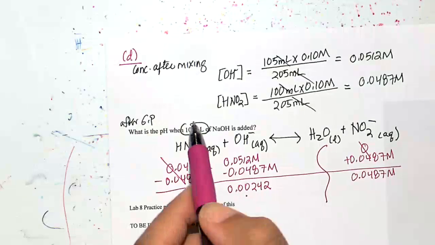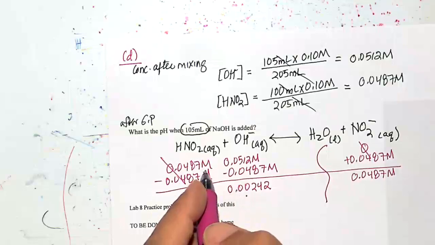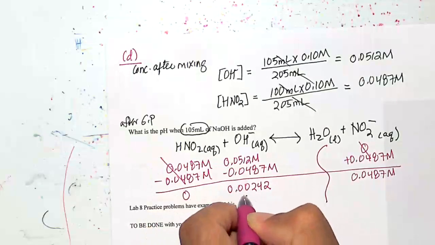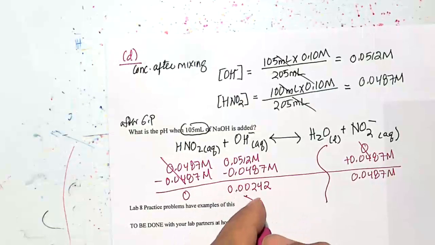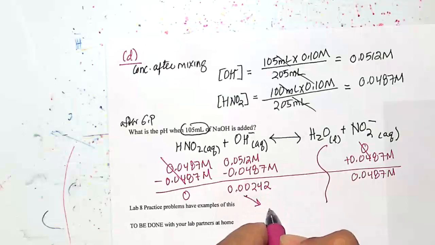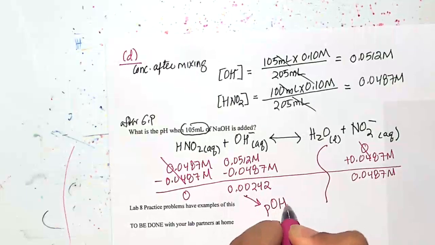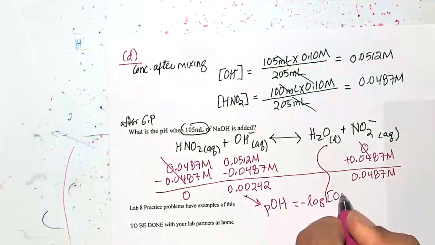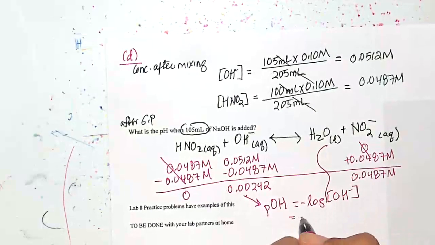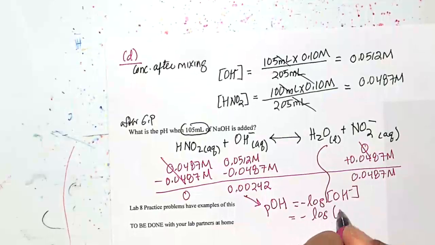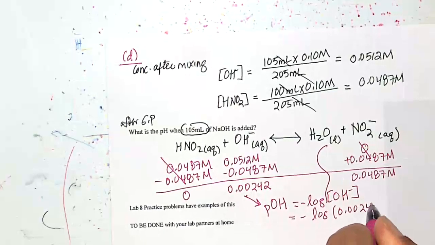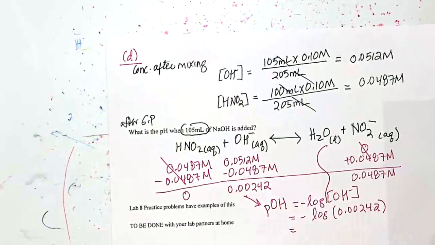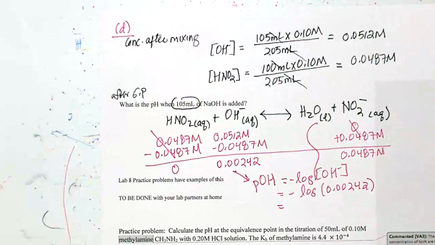So with this 0.00242 OH minus left over, what can we do? We'll calculate the pOH, which is minus the log of the OH minus, so minus the log of 0.00242. What is the pOH here?